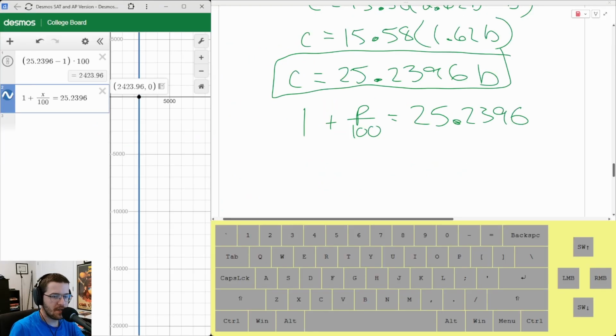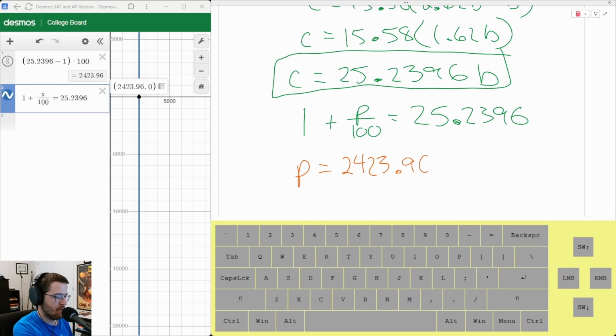Okay, very convenient. It seems like whichever way I do it, whether I do the arithmetic or if I graph it, I am getting a P of 2,423.96% increase.